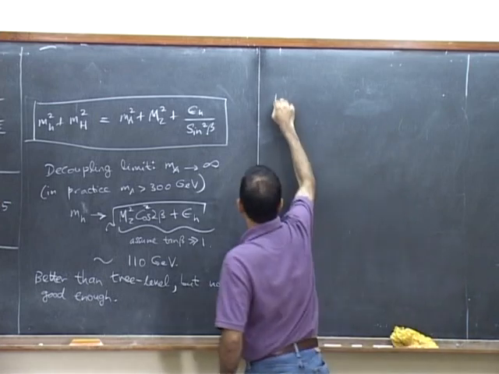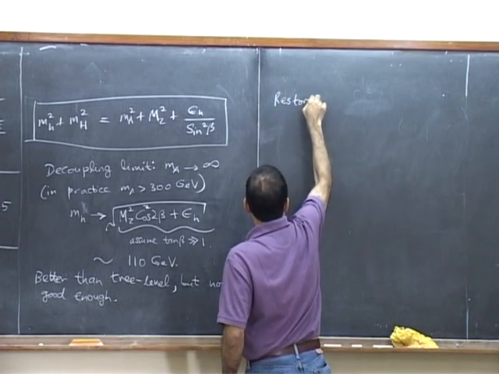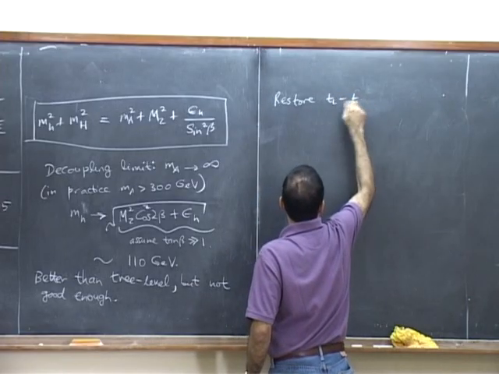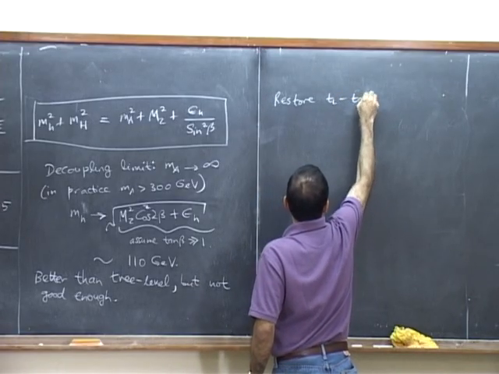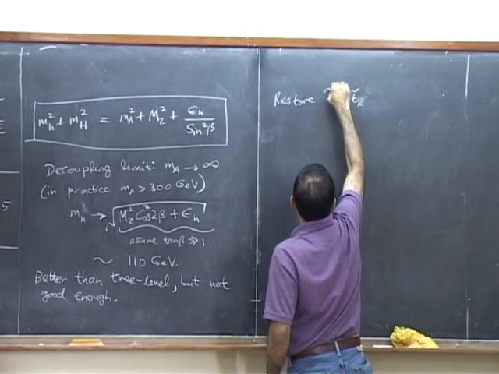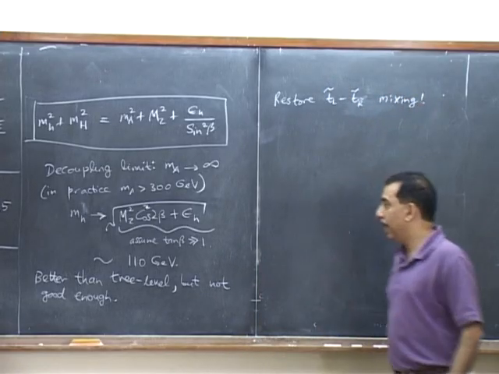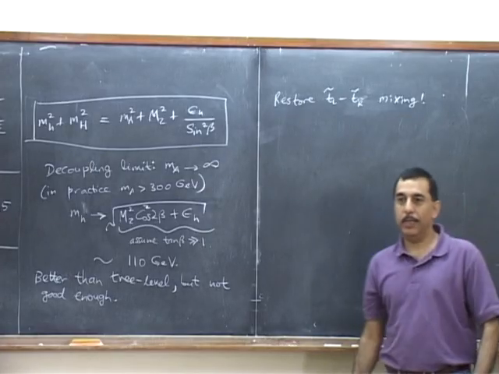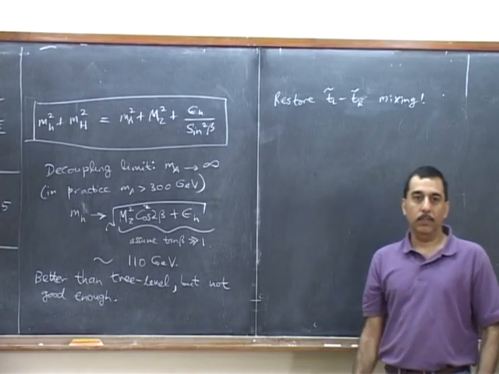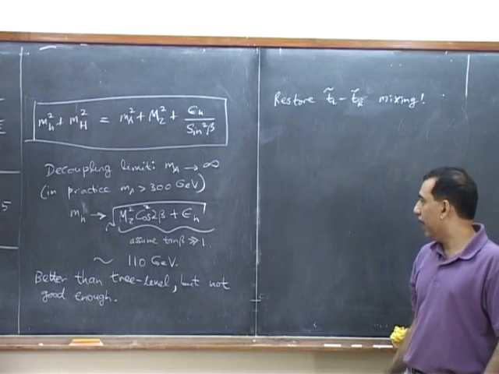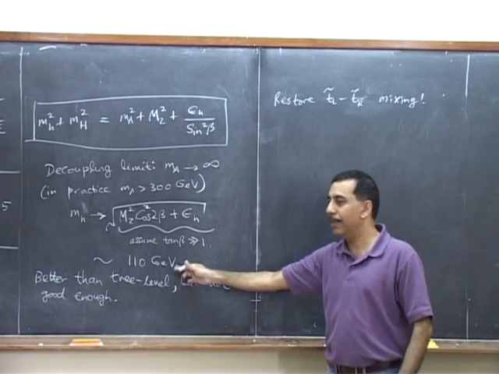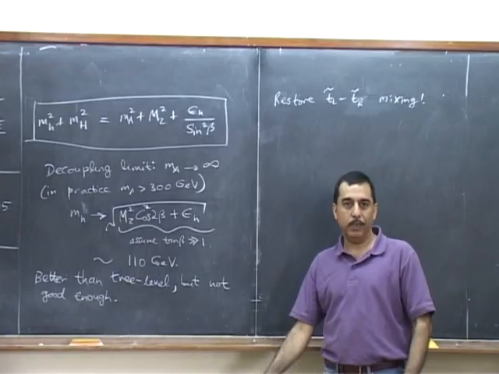Okay, so we should restore the left-right stop mixing, because we see that it's potentially important. The point is that we'd like to know whether when we restore it, it raises this bound, because we'd like this bound to be raised.